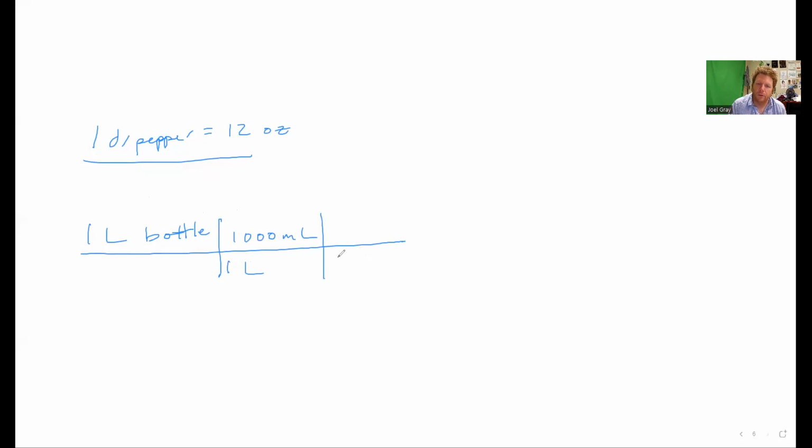My Dr. Pepper, well, I've got a conversion. And that conversion to go from milliliters to ounces is 29.6 milliliters is 1 ounce. Now, I've got 12 ounces and 1 Dr. Pepper.